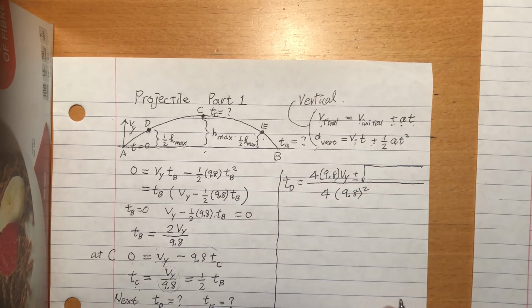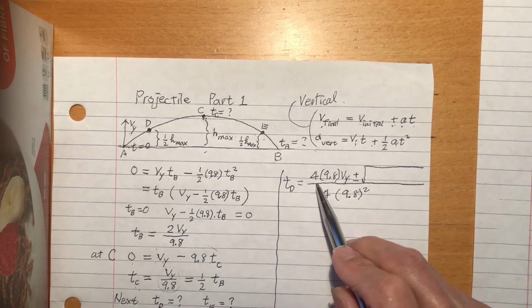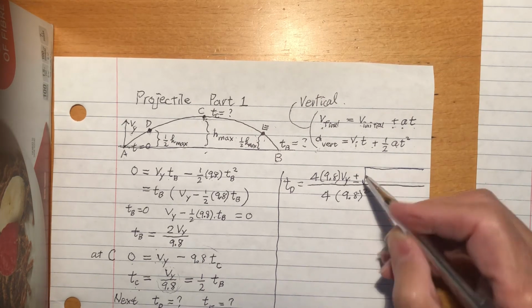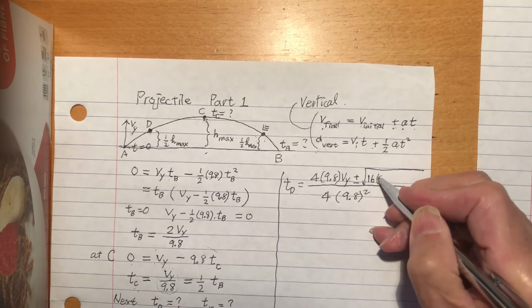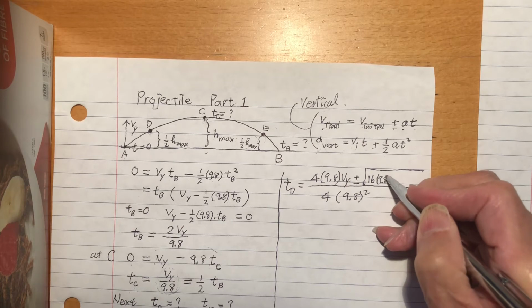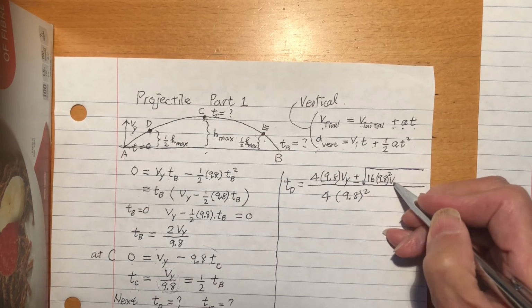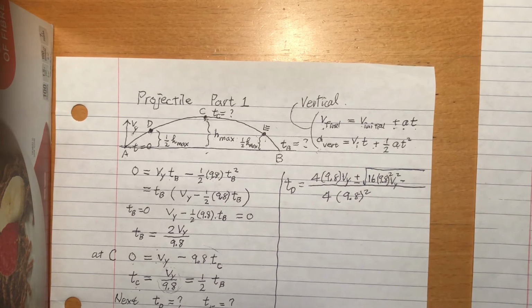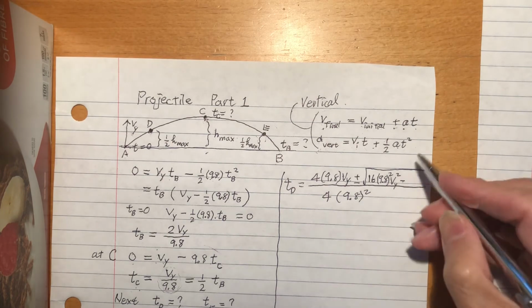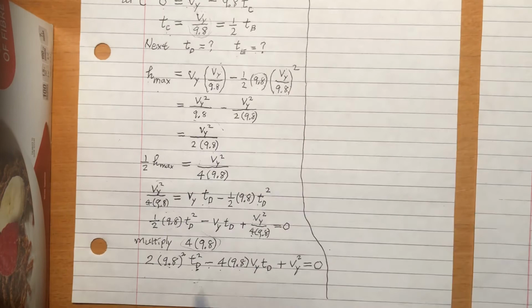b squared minus 4ac. Now b is this, so I need to square this, which gives me 16 times 9.8 squared and Vy squared, minus 4ac. What is a? A is 2 times 9.8 squared.